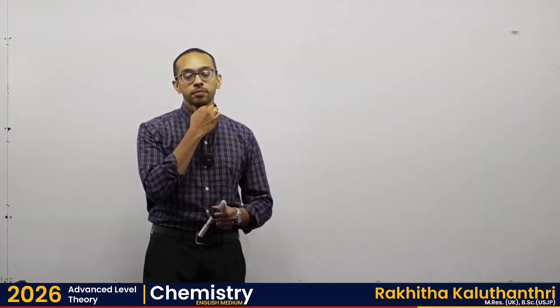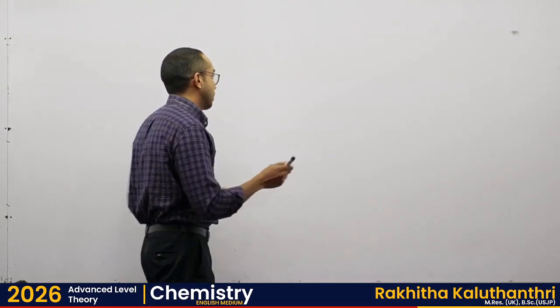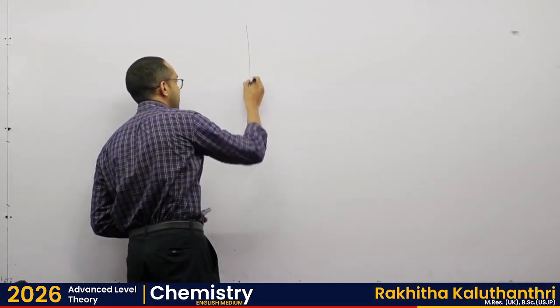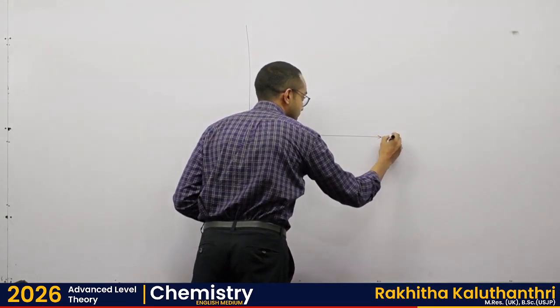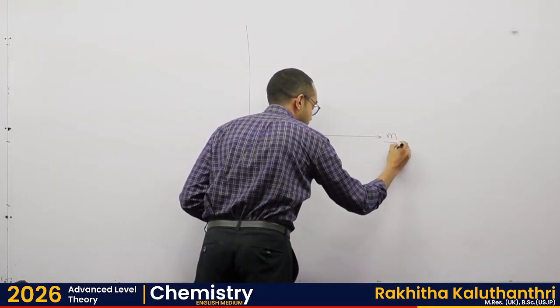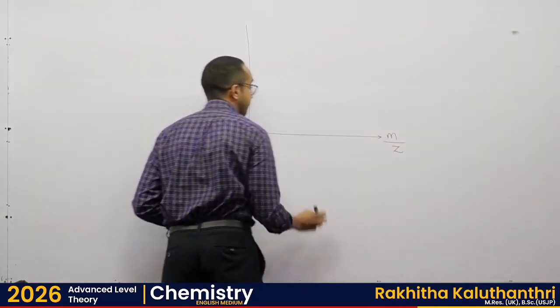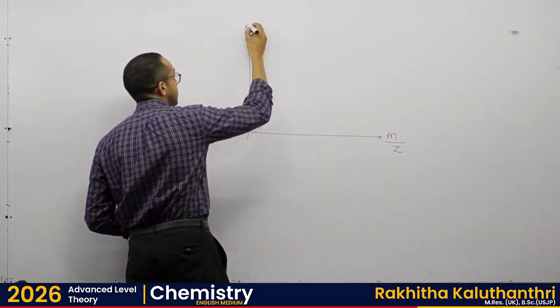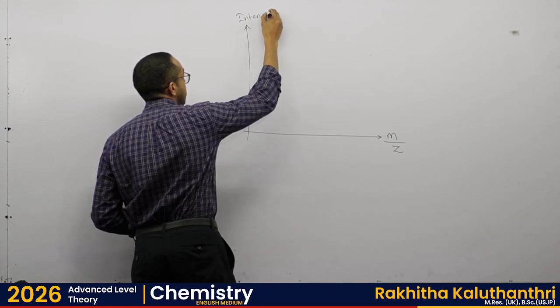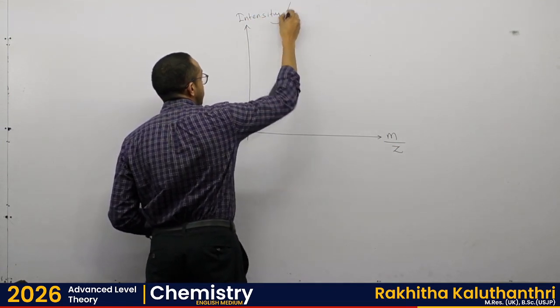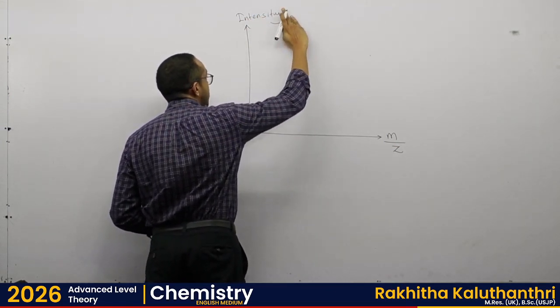Okay. Under that, please take this graph very clearly. This is mass to charge ratio, and this is intensity. Sometimes it is also given as abundance.